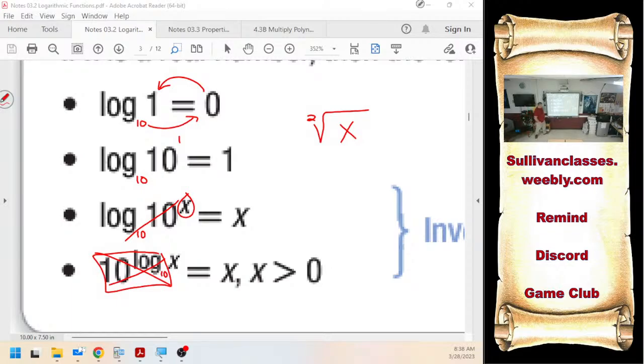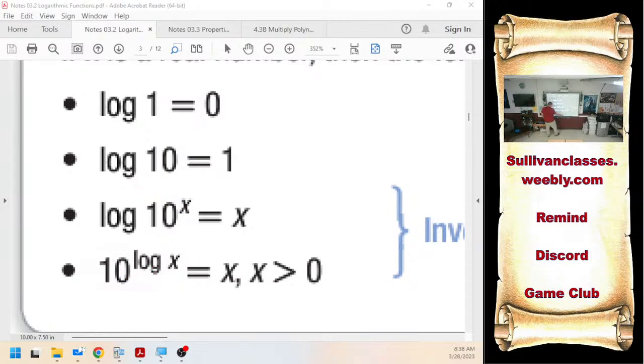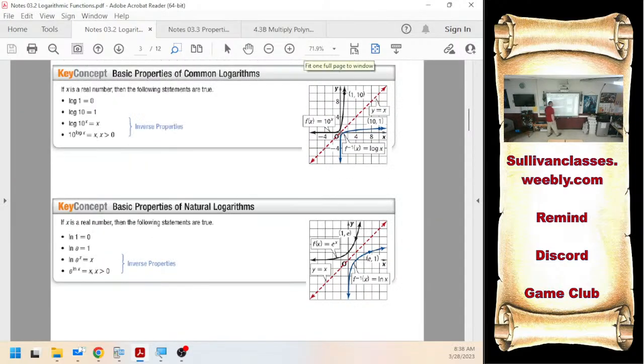Okay? So this one's called common log. Common log is base 10. We're going to use it an awful lot because it's a button on our calculator. And then, I don't know how many of you got to this part last semester if you had Algebra 2 last semester.